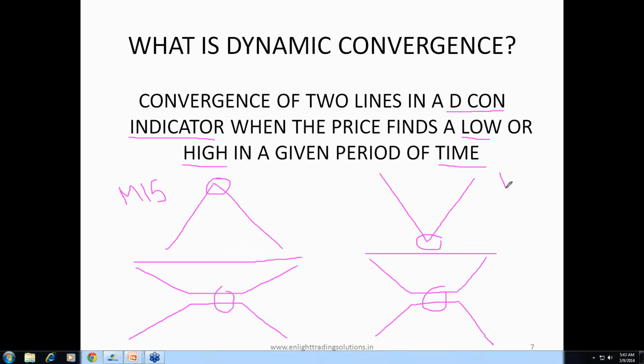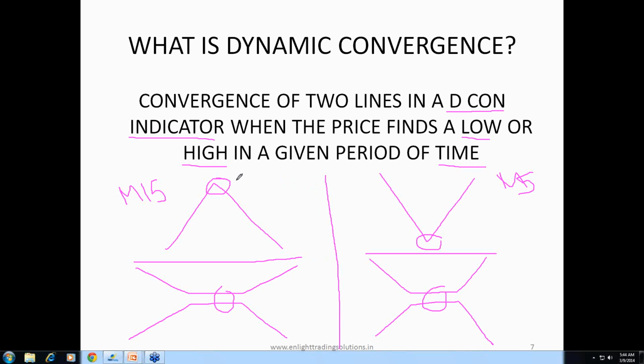Once again, this may be minute 5. So if in minute 5 you find a buy convergence, it's a time to buy in minute 5. In minute 15, if you find a sell convergence, it's a time to sell. This is how the dynamic convergence technique works. I have just told you the very basics of it.